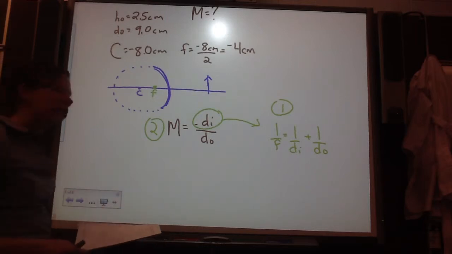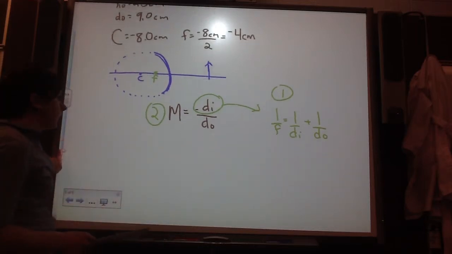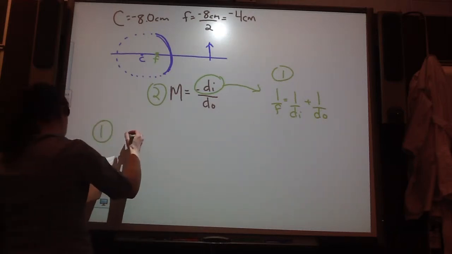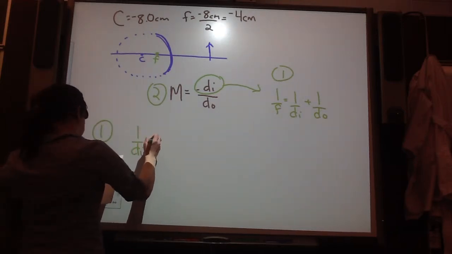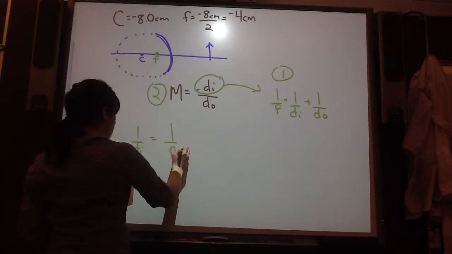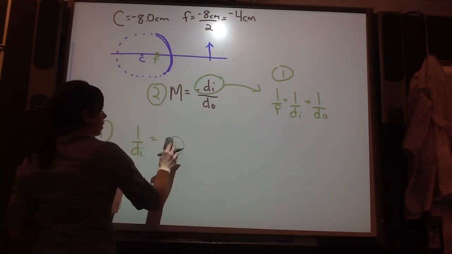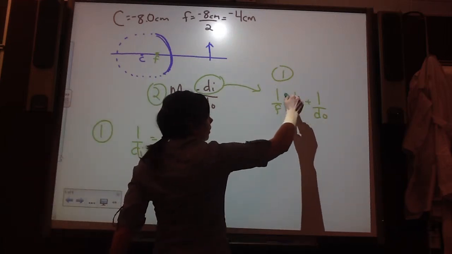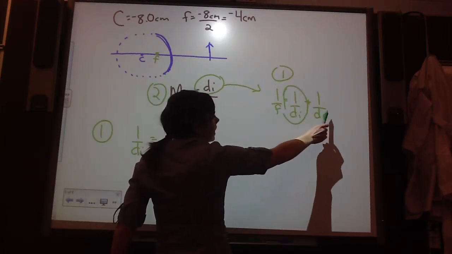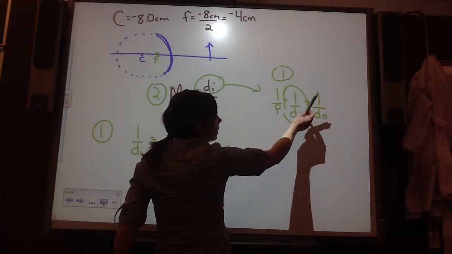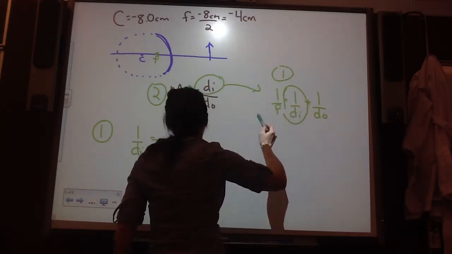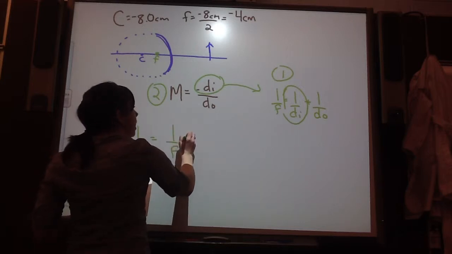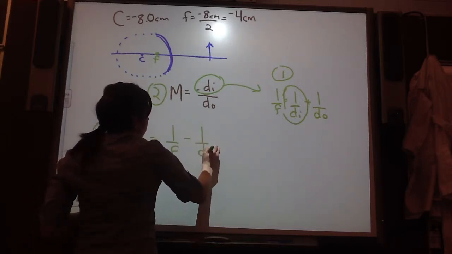So you just have to discern which values you can use. So our first step: to solve for this, right now it's added to 1 over DO, so I'm going to bring this to the other side, which means I'll be minus. So I have 1 over DI is equal to 1 over F minus 1 over DO.